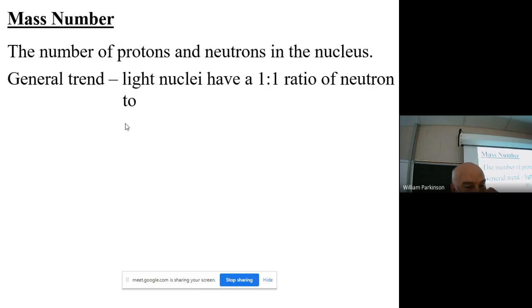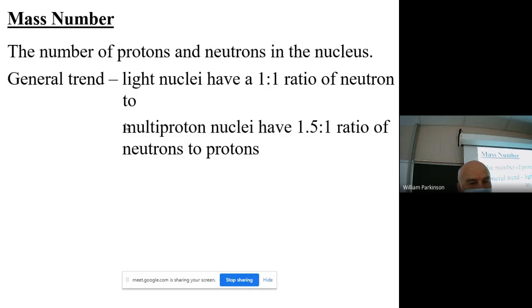Okay, now as a general trend, there's a 1-to-1 ratio of neutrons to, I left off the word proton, at least on my slide. I thought I fixed all these boo-boos I made. It should say 1-to-1 ratio of neutron to proton.